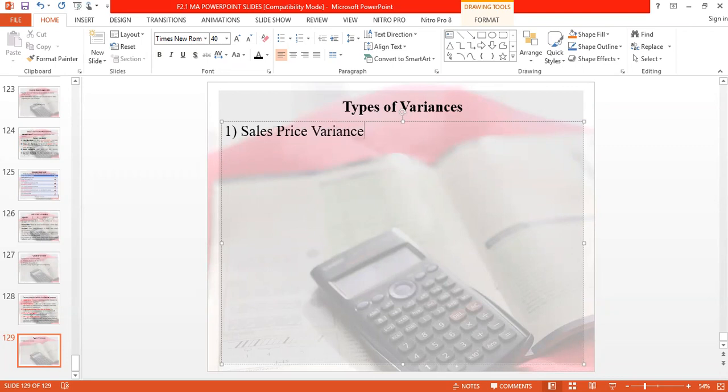The second is called sales volume variance. Remember, the first is caused by changes in sales price, and the second is caused by changes in quantity.